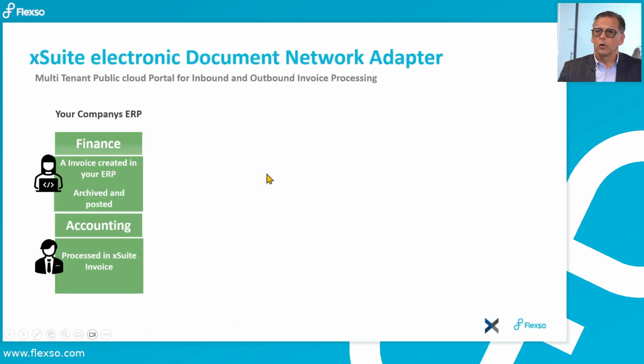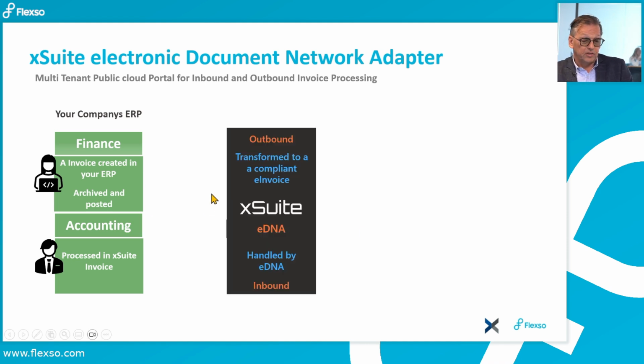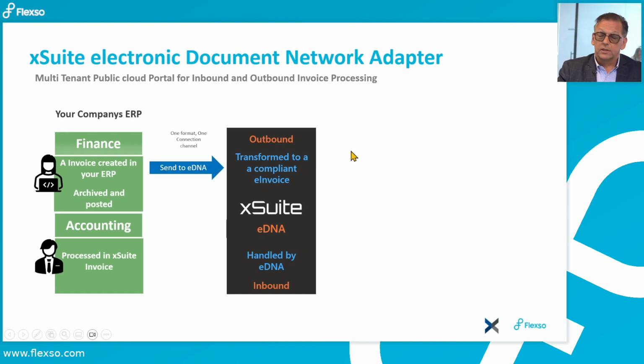If you look to the whole flow, we will jump now into the demo, and we will do it step by step. So if you look to the whole step, the outgoing invoices: your ERP system creates an outgoing invoice, and it will be transferred into our xSuite eDNA solution. There we only have one format, and one connection channel is needed to send invoices from SAP to the eDNA solution.